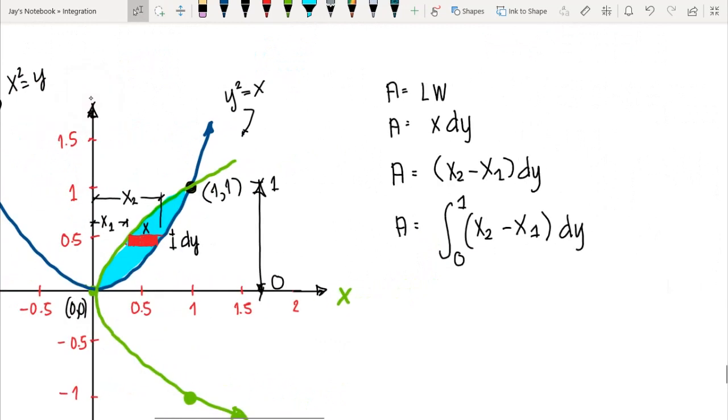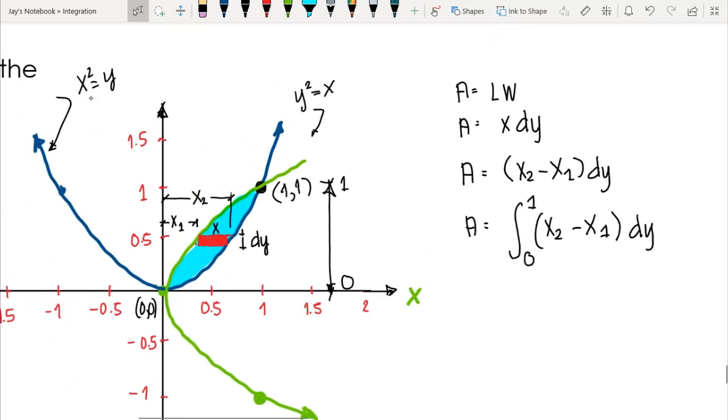If we express it as a function of y, we have x equal to the square root of y. That is our function, and this is our x sub 2, since x sub 2 touches this blue curve.